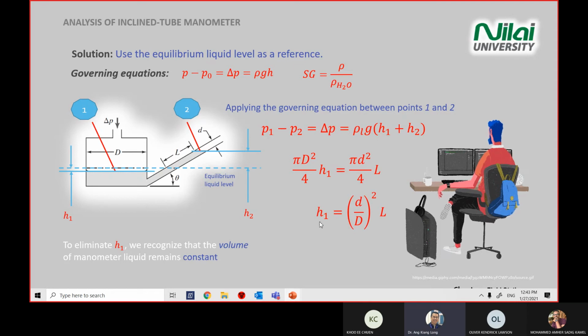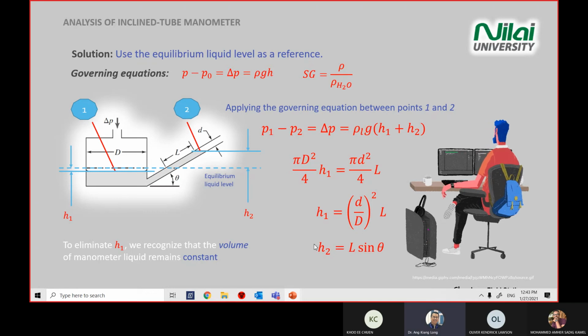You rearrange the equation in the H1 term because we want to eliminate H1 in the equation. After you rearrange, H1 equals small d divided by capital D squared times H, and you substitute this into the governing equation here.